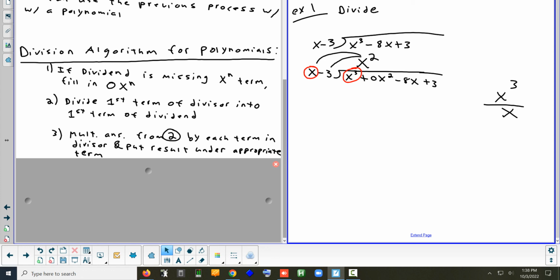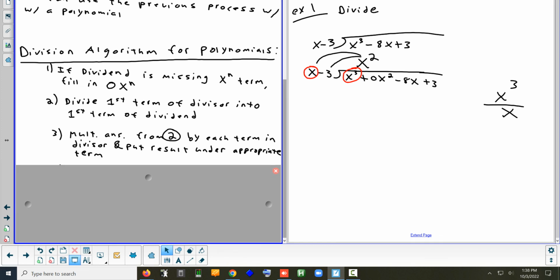So we're going to put our answer under the appropriate term. And when I mean appropriate, I just mean put all the x squareds in a column, all the x's in a column, and so on. So once we get that step, I'll make the other side bigger again. Again, multiply the answer from step 2 by each term in the divisor and put the result under the appropriate term.